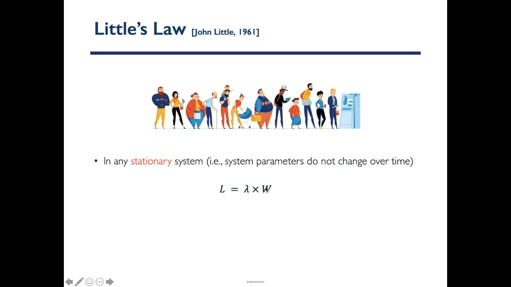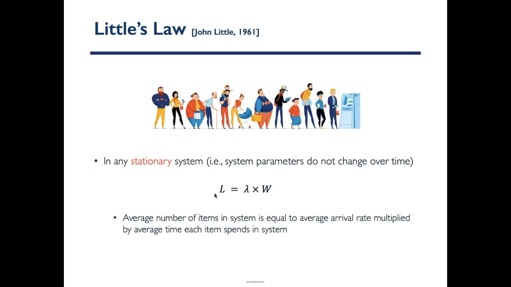It's quite intuitive. So if each item spends W time in your system, and you get one item per some number of time, so this is your rate, then if you multiply these two, this should give you how many agents are in your system. I'm not going to actually spend time proving this. You can definitely prove it for a stationary system.